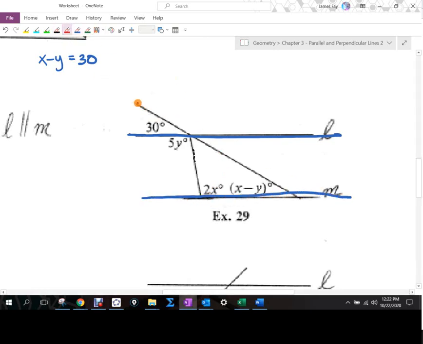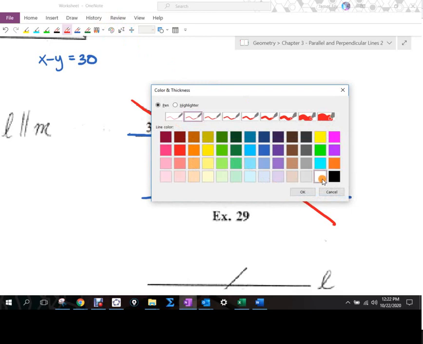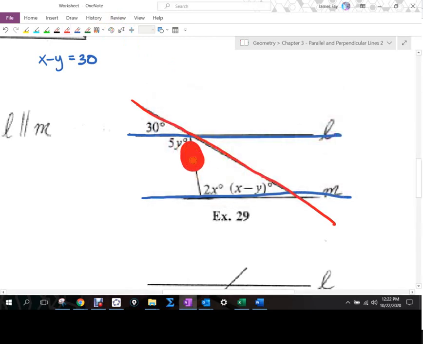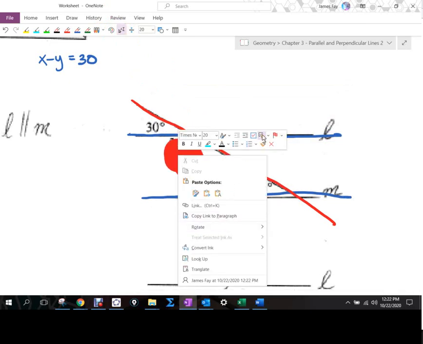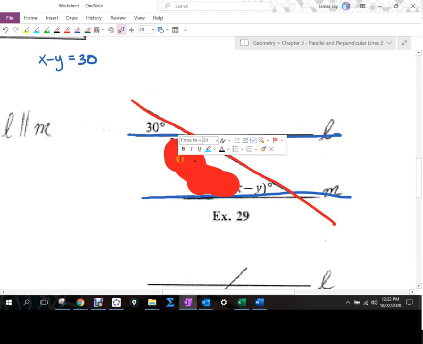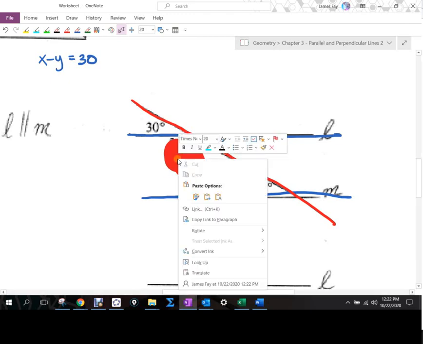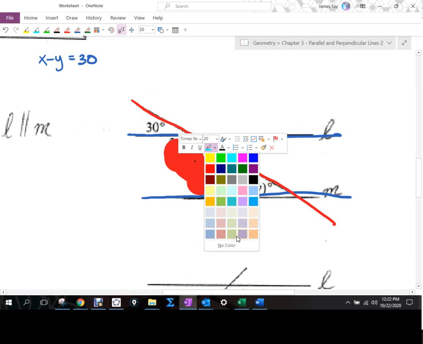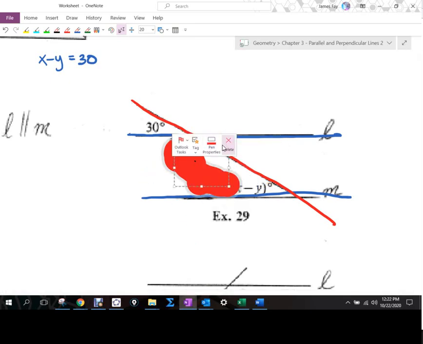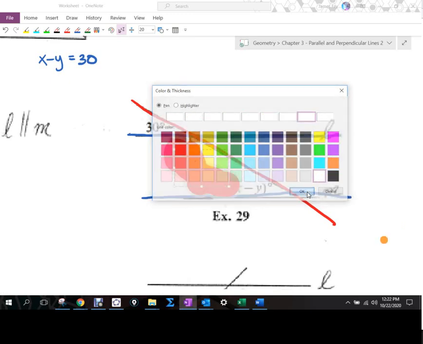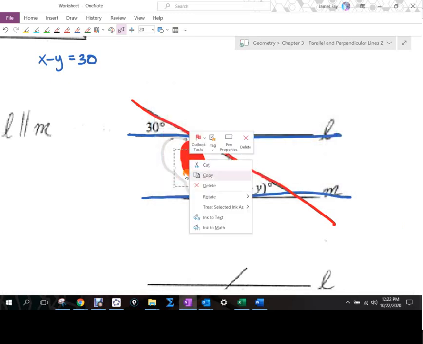Now the one relationship that we see based on that transversal is what Hannah gave us. That's the one where basically that's the wrong color. Well, there we go. Good enough.